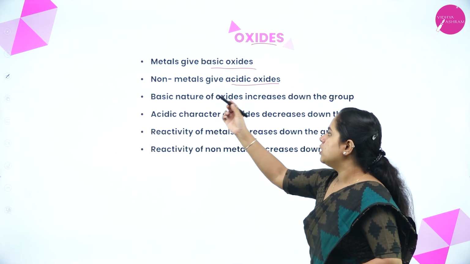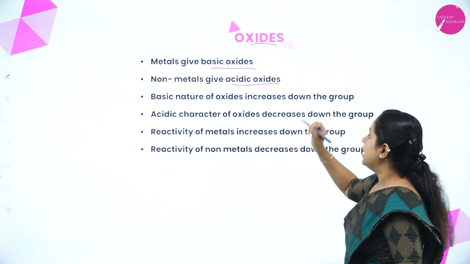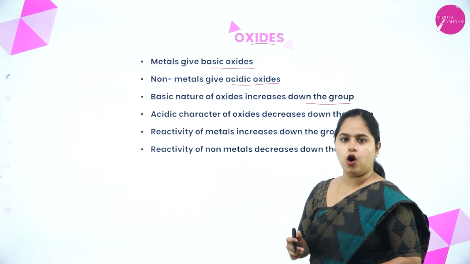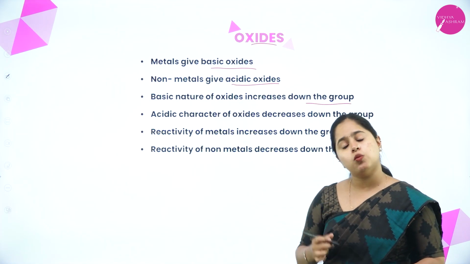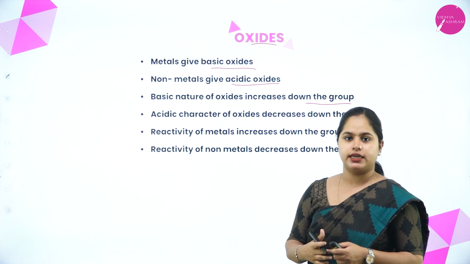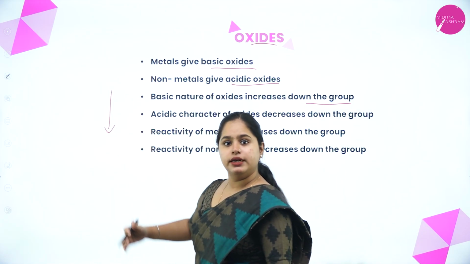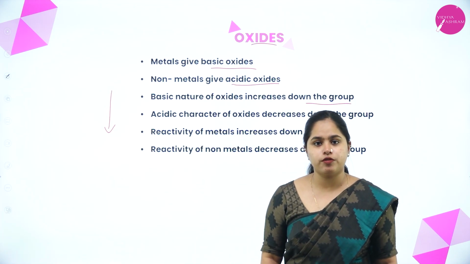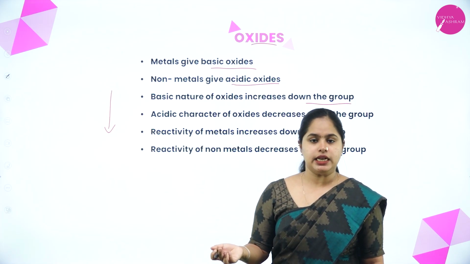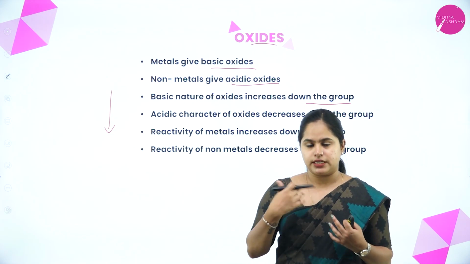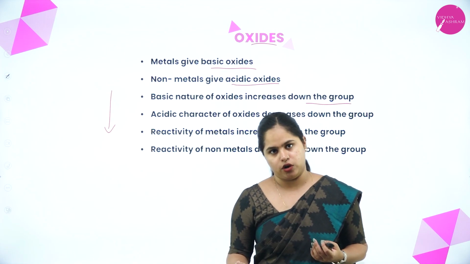So this is clear. Now the basic nature of oxides increases down the group. Who forms these basic oxides? That is metals, right? What did we study about the metallic character? We studied that metallic character increases down the group because the atom can easily lose electrons.